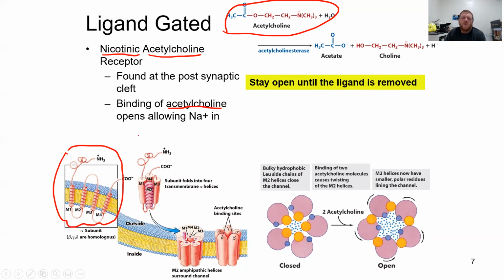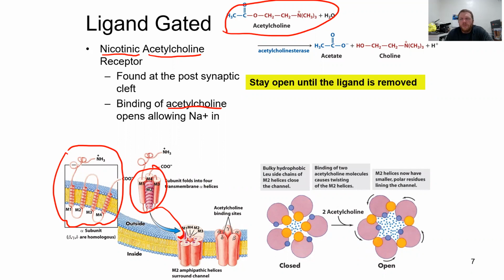We have these 4 helical proteins, or these 4 helices, which make up one of these subunits. We have a total of 5 of those. So that would be the better part of 20 alpha helices that are wrapped up together.